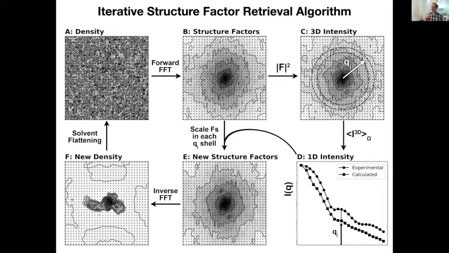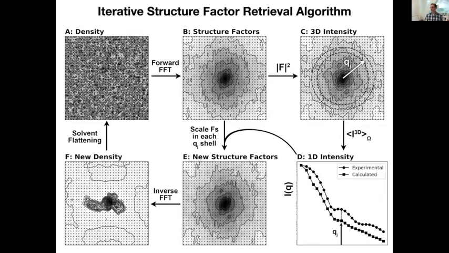And this gives us an initial very noisy density function, right? And the reason it's so noisy is because even though the average of the amplitudes or the average of the intensities is correct, the distribution of those densities is very unlikely to be correct because we started with random numbers. So we have to do something to improve this.